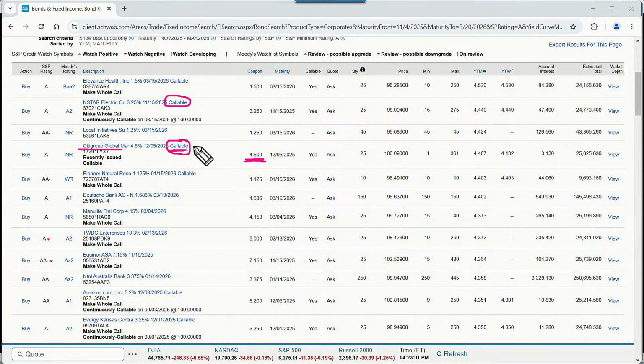And callable bonds typically are going to give you a higher coupon rate than a non-callable bond. But that's what that term means when we talk about callable. You can also see more information, the rate and the maturity on these. And these are roughly a year away because that's what I clicked on before.